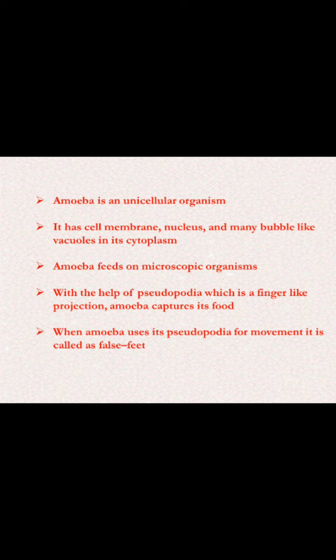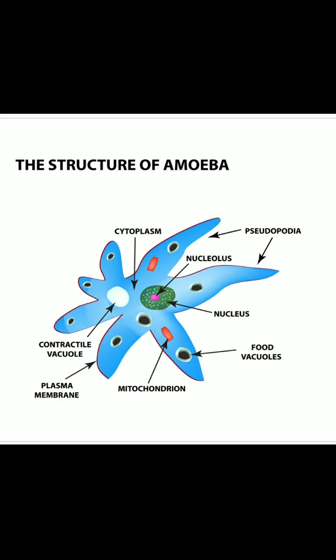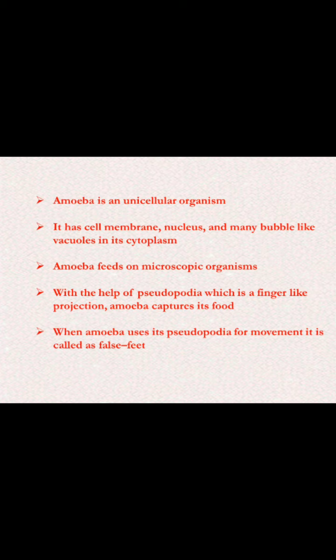Being a single cell organism, it has cell membrane, nucleus, cell organelles, and a number of bubble-like structures called vacuoles. There are finger-like projections in amoeba called pseudopodia. When amoeba uses pseudopodia for movement, they are called false feet.